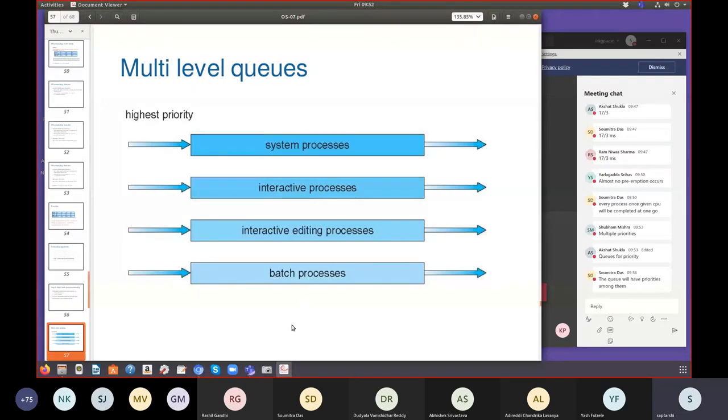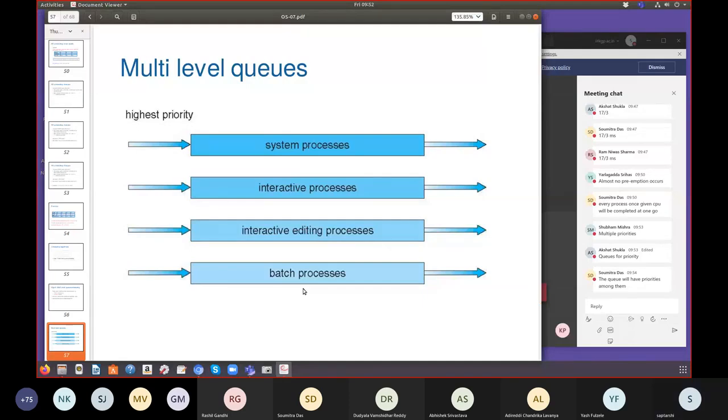Here's another example. Again, I'm not saying this is what is done, but this is a picture to demonstrate the idea. Let's say the ready queue is divided into 4 different queues: system processes, interactive processes, interactive editing processes, and batch processes. The different queues have different priorities. System processes have highest priority, then interactive processes, etc. And each queue may have its own scheduling algorithm.